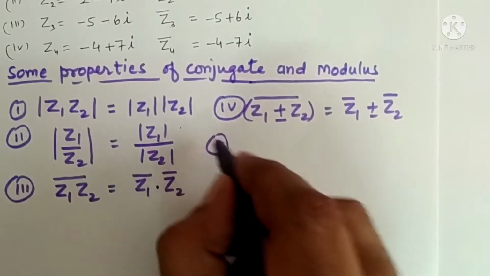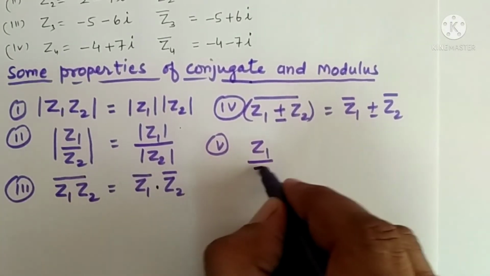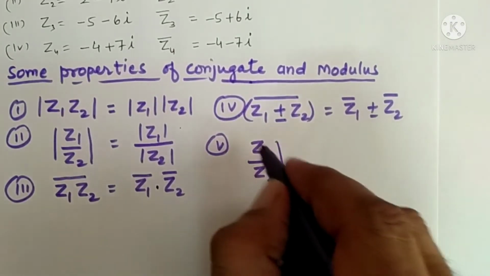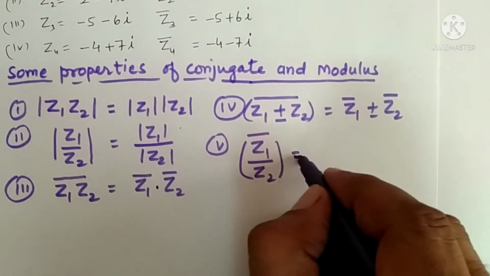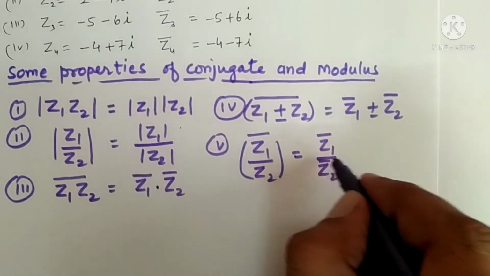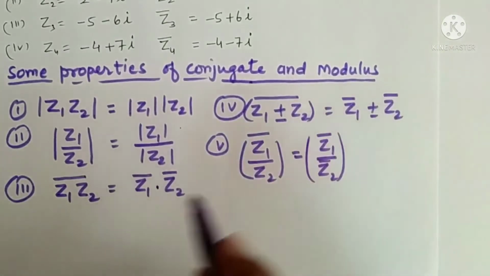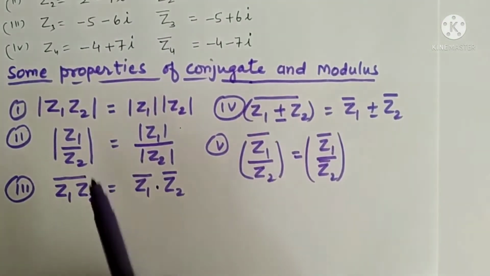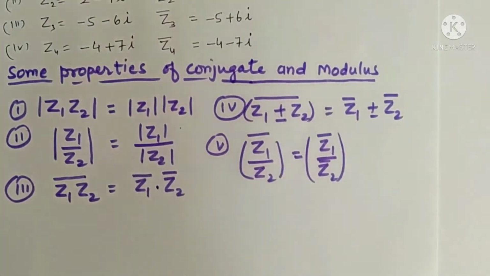The fifth property is, if z1 upon z2 whole and conjugate, this will be equal to z1 conjugate upon z2 conjugate. All of you understand this? So these properties you have to understand.